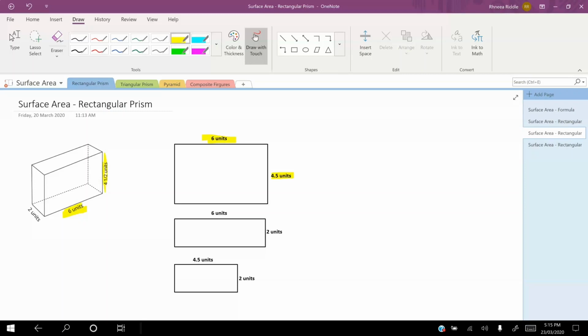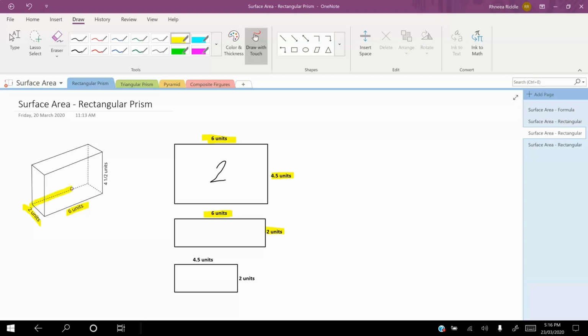So we can see that this front face is the first one we are going to be working with, and that face has a face exactly parallel to it, which is the back one, that has the exact same measurements. So there are 2 of these faces that are exactly just like this one. When we move to the next one, there is 6 units by 2 units, which we can find here and here on our rectangular prism.